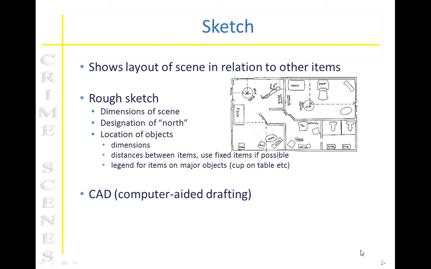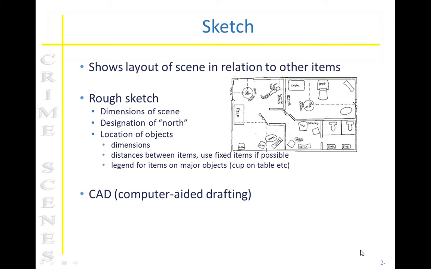And this helps relate the actual layout of the scene in relation to all the other items at the scene itself. Even with photographs, if you're trying to photograph a room, it's hard to get everything in that room documented from a single photograph.